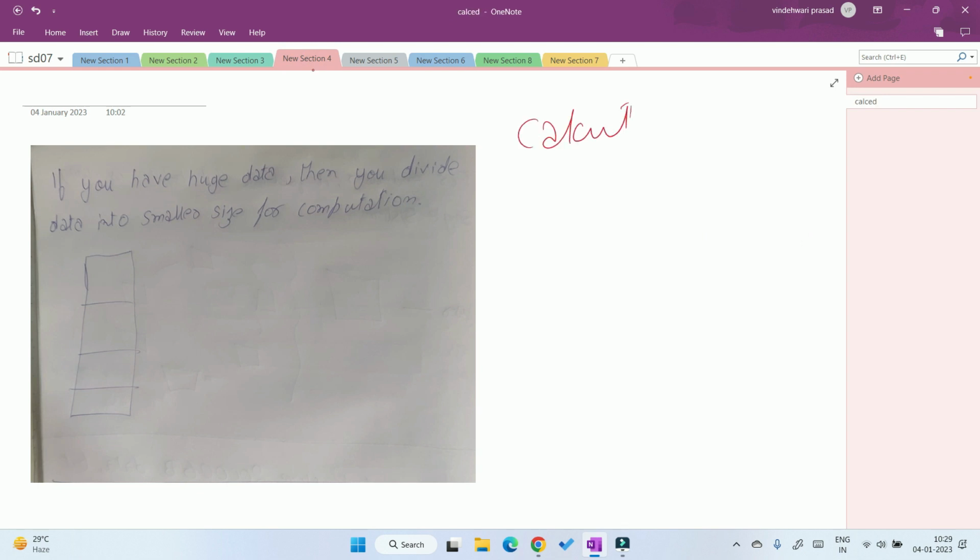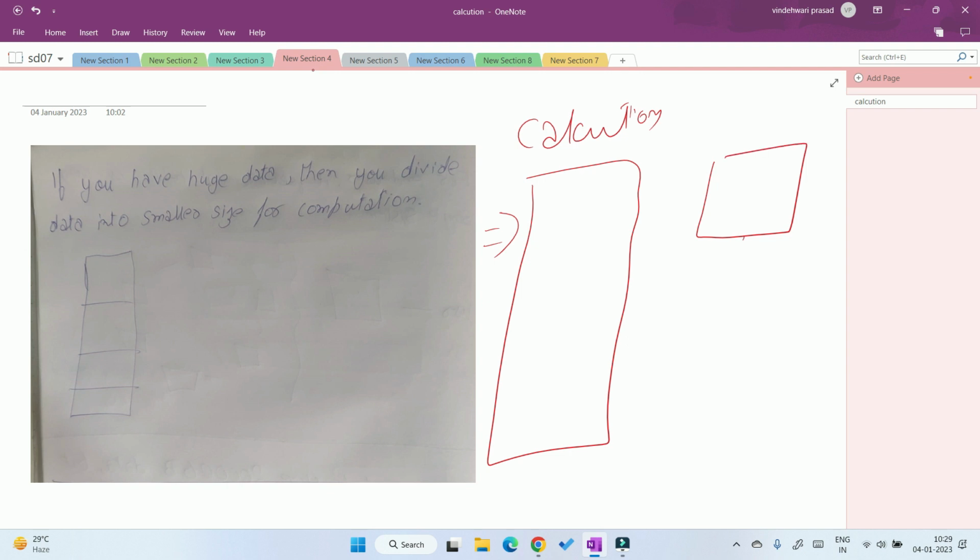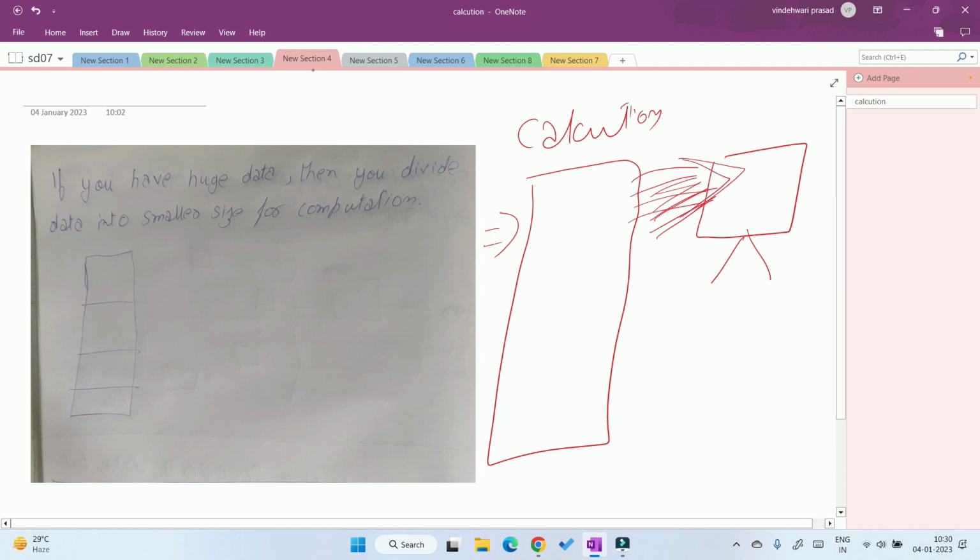Suppose you have millions of people's data and you want to do some calculation. If there is one machine, it takes many hours to do the calculation. It takes the first row, then the second row, then the third row, then the fourth row. It takes hours.